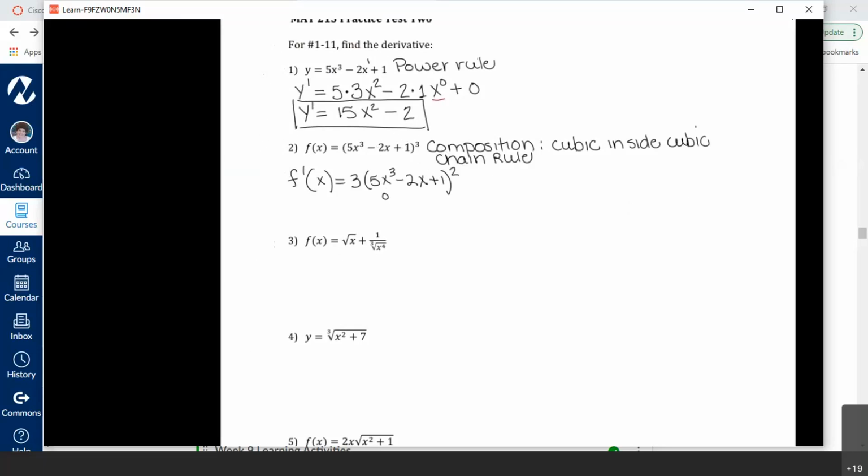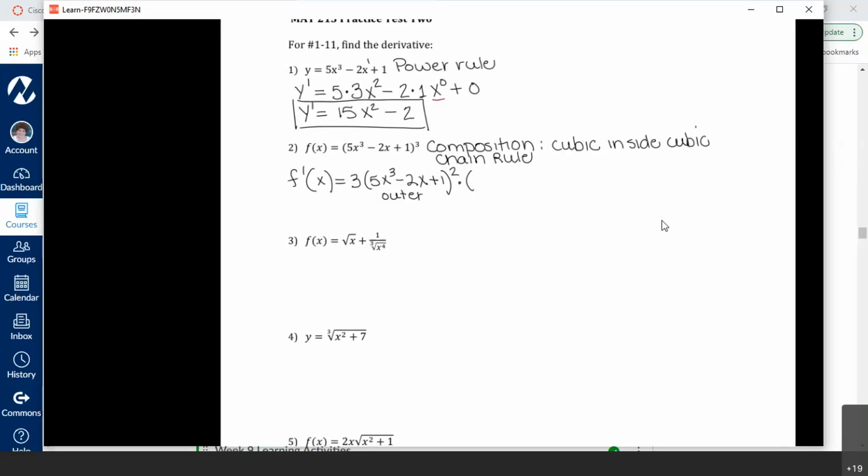This is the derivative of the outer function. And then the other part of the chain rule says multiply that by the derivative of the inner function. And yes, you do need parentheses, because you want to multiply this by all of the terms in the derivative of the inner function.